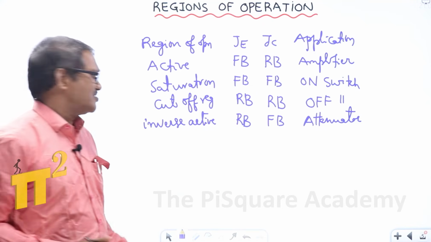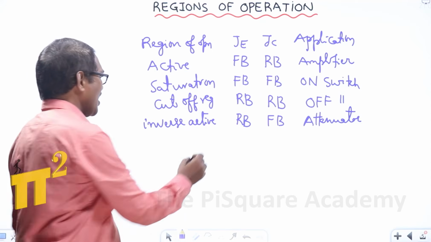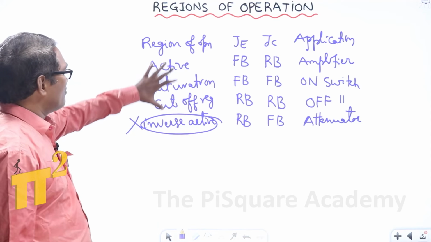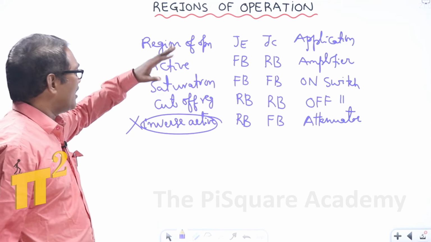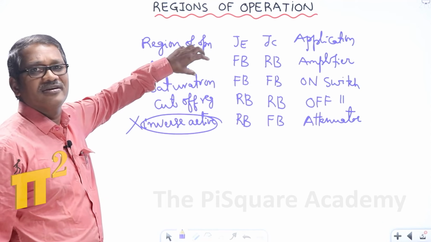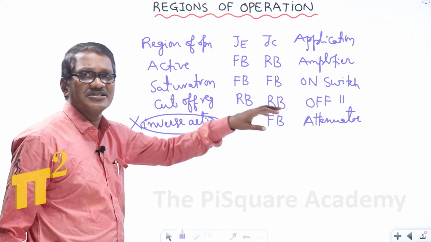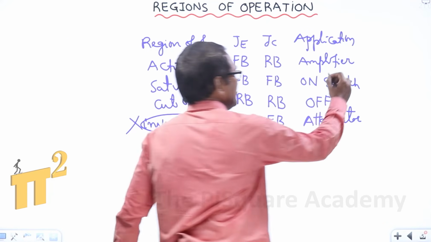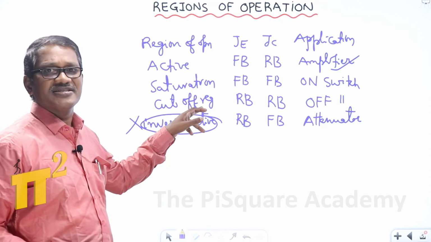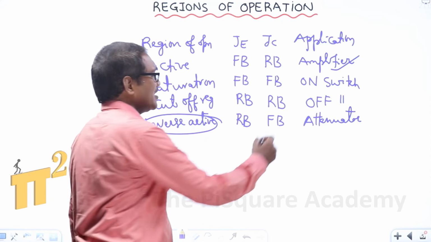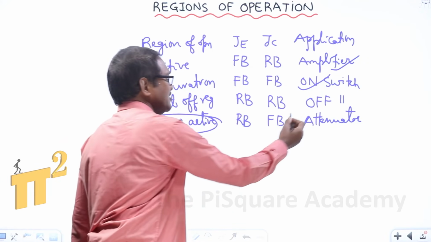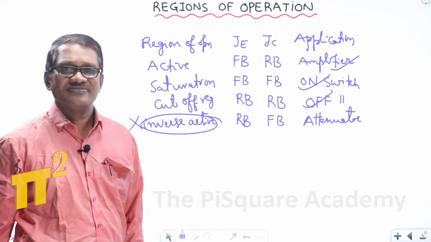Under normal circumstances, a transistor will never operate in the inverse active region. It is operated only in the first three regions: active, saturation, and cutoff. In the active region it functions as an amplifier, in saturation it can be used as an on switch, and in cutoff as an off switch.